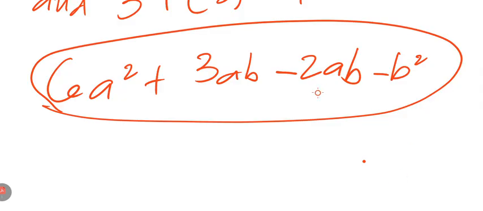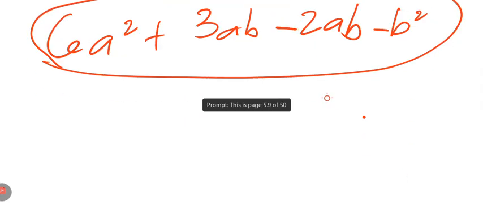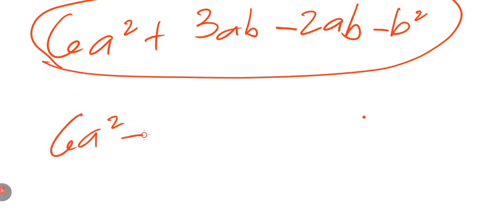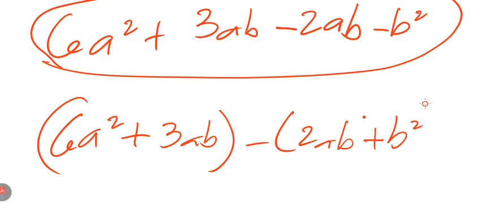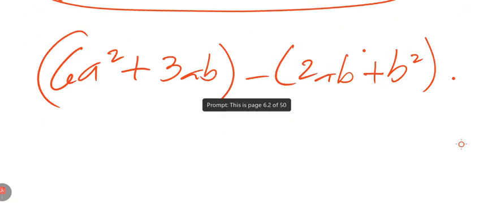Next, we're going to factor this one by grouping. We have 6a squared plus 3ab minus 2ab minus b squared. Now let's factor out the greatest common factor from each group.